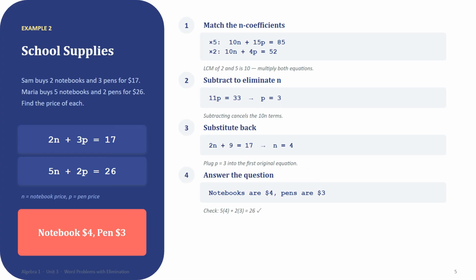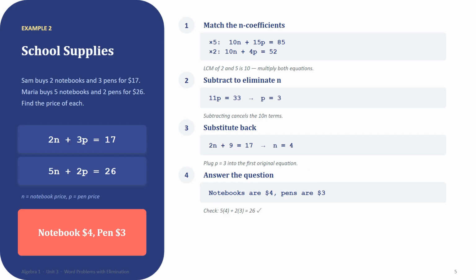N will be the notebook price and P will be the pen price. So that means 2N plus 3P equals 17. And for Maria, she buys 5 notebooks and 2 pens for $26. Her equation is 5N plus 2P equals 26.